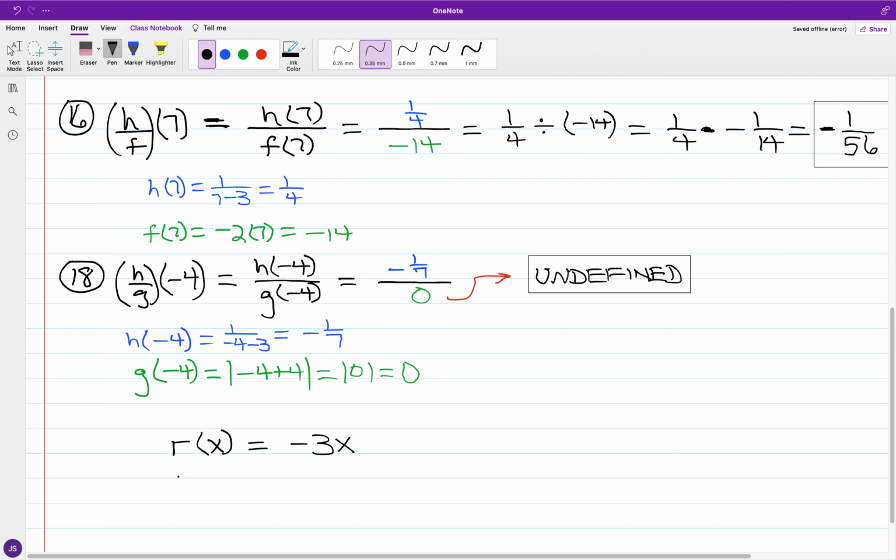It is p of x that is presented as x squared plus 3x. And we have with q of x, that is equal to the square root of 1 minus x.